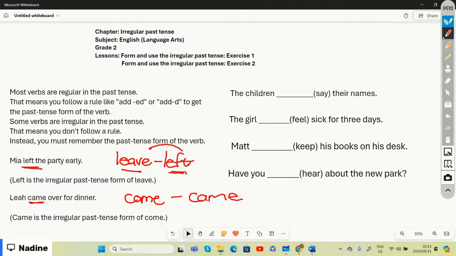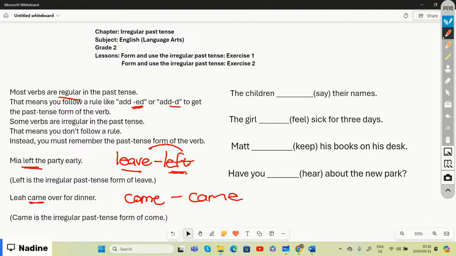All right, okay. So once again, we have regular past tense and we have irregular past tense. With regular past tense, your word just changes by adding a D or an ED to the verb to show the past tense.